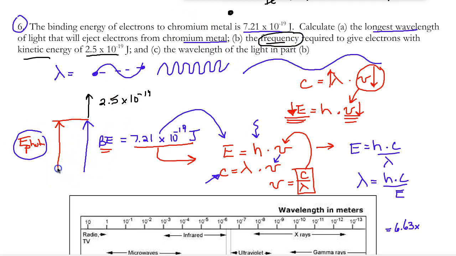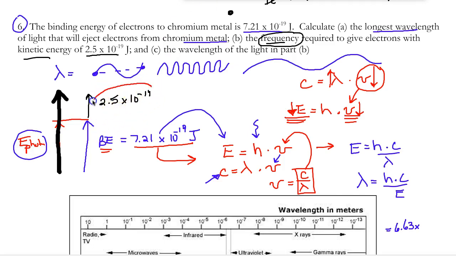It's going to go past the threshold and equal this amount. So the new E of the photon, party people, is going to be the sum of these two.